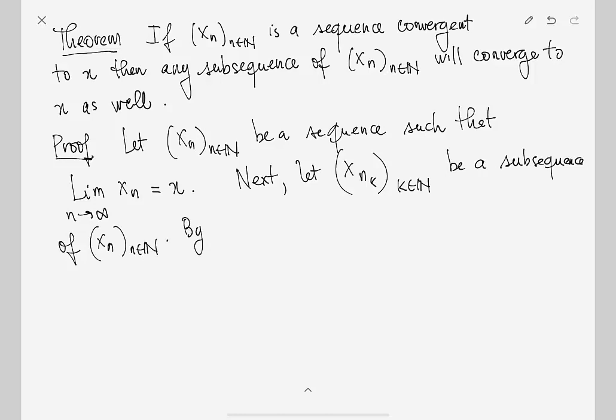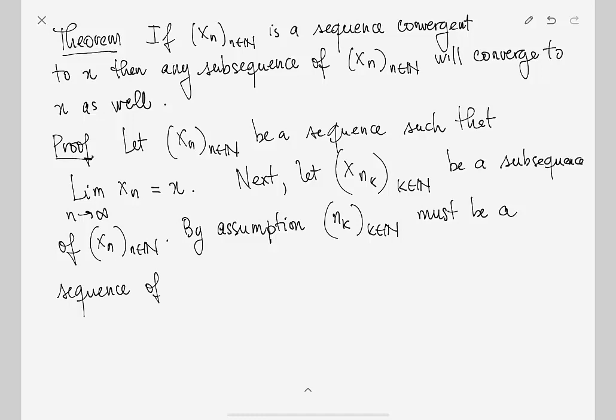By assumption, nk must be a sequence of natural numbers which is strictly increasing.